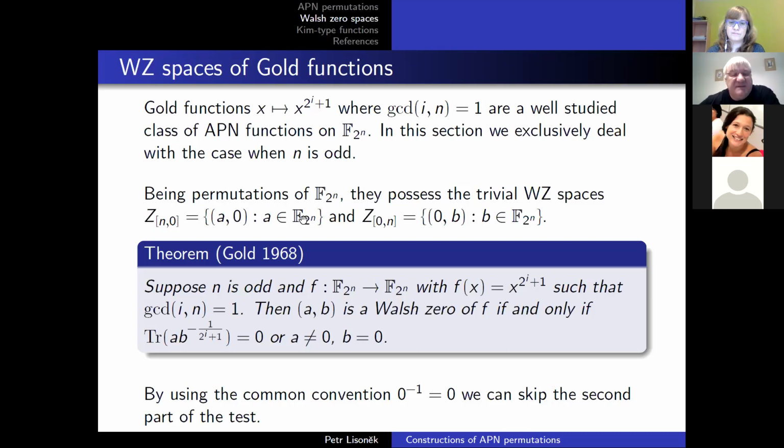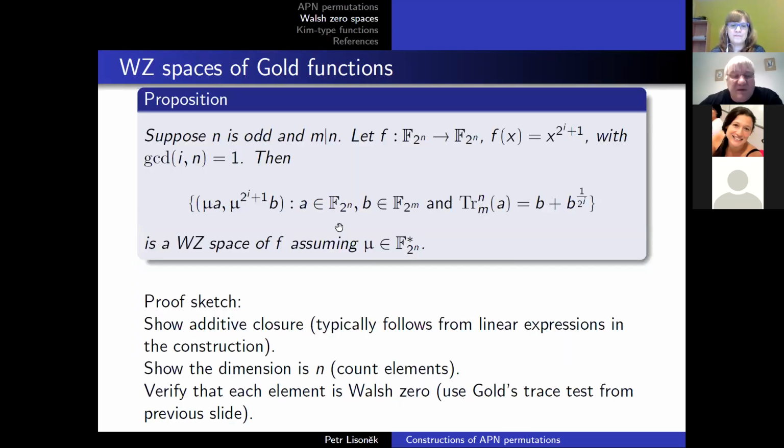The first one is possessed by every function, and the second one is possessed by every permutation. And Gold implicitly proves this test: a pair of elements A, B is above 0 for this Gold function when this trace is 0. So I'll call this the Gold test.